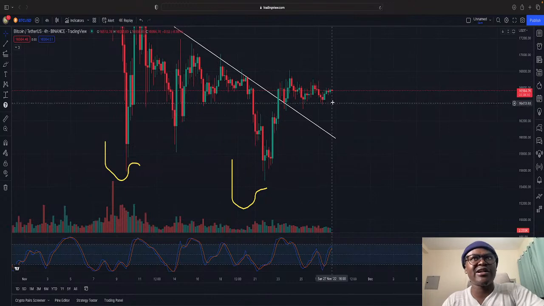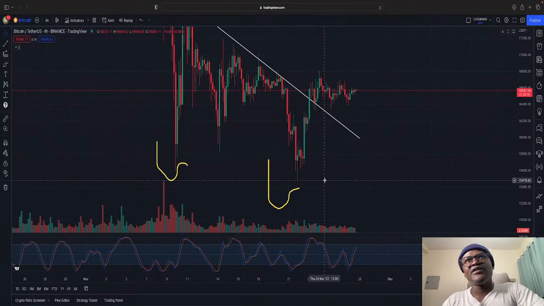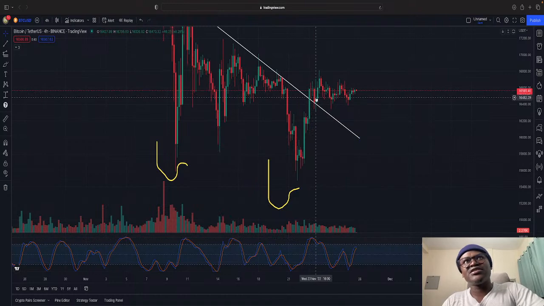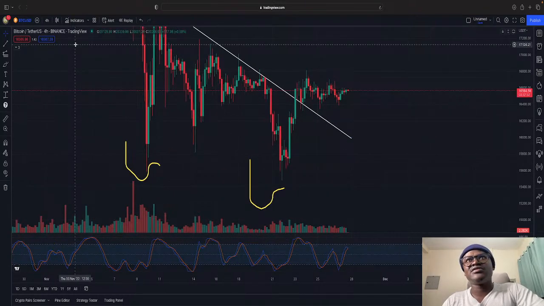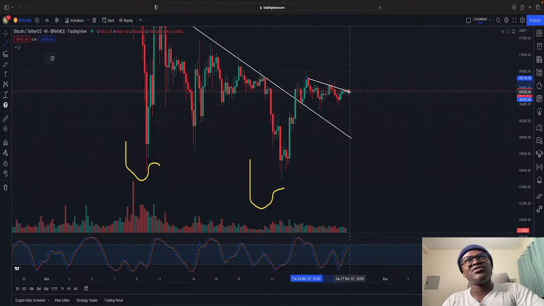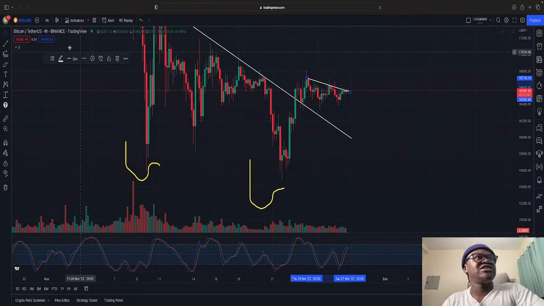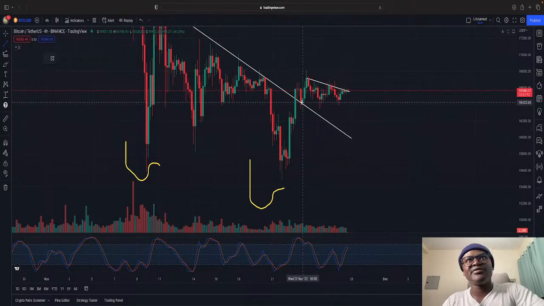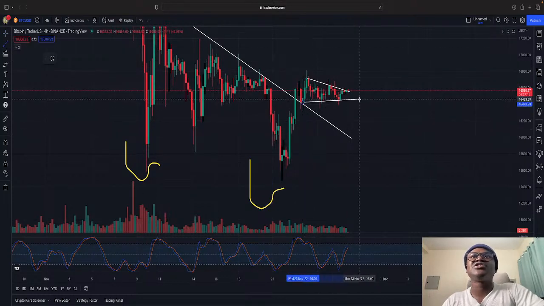It's hanging up and the sellers have not succeeded in bringing it back down. And on the stochastic, are we seeing any divergences? Not yet, we are not. Let's dig in deeper. Now that's a bull pennant, actually. So BTC could go up due to this price action.